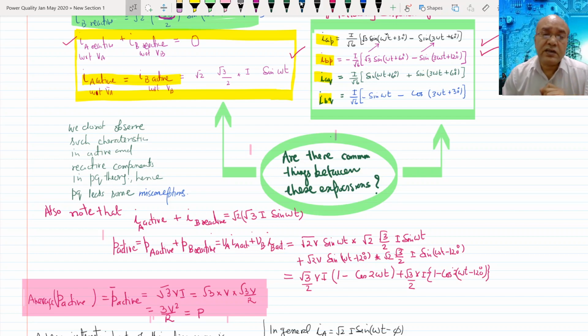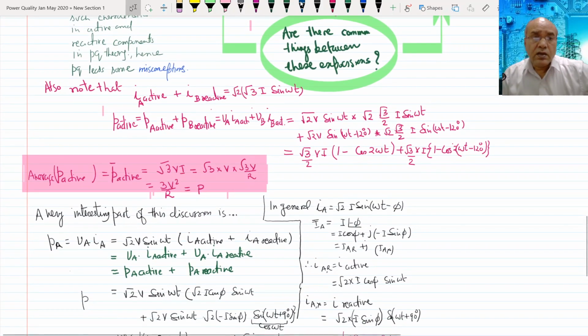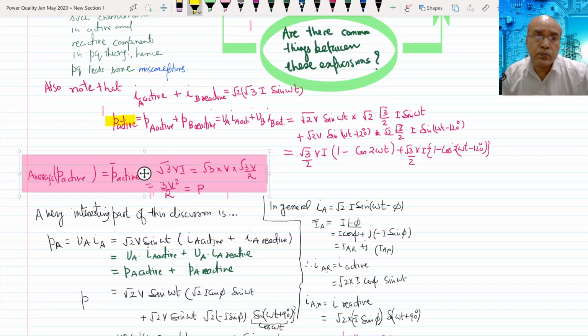To verify further, we will do one more thing. We just find out the summation of P active and P reactive. If we sum the two components, total P active is the sum of P active plus P reactive, which is VA into IA active plus VB into IB active. If we multiply these two, you can see it here, root 2 V sin omega t into root 2 root 3 by 2 I sin omega t, and the other phase is this.